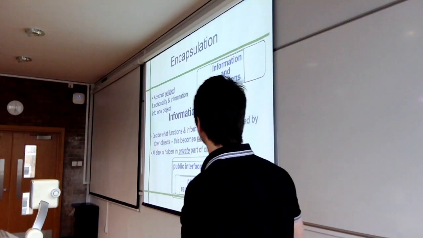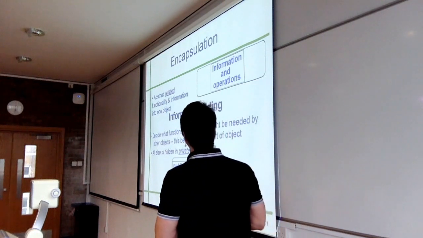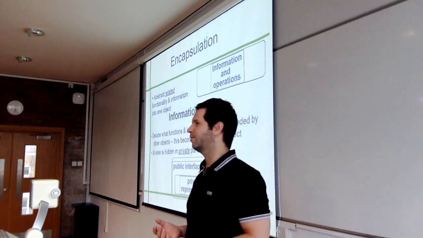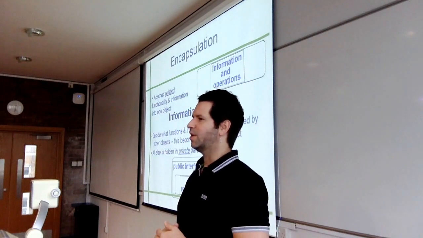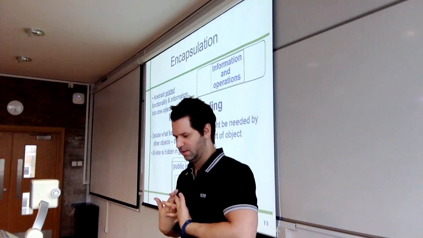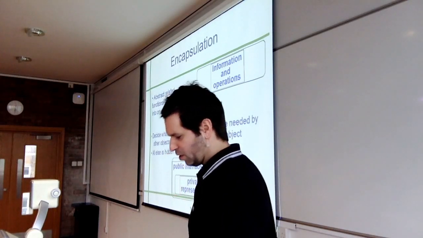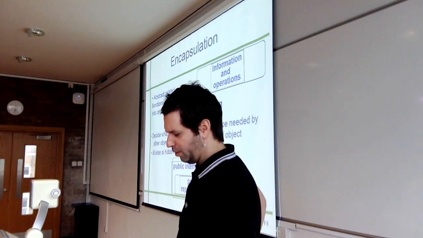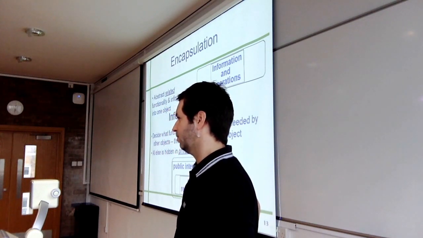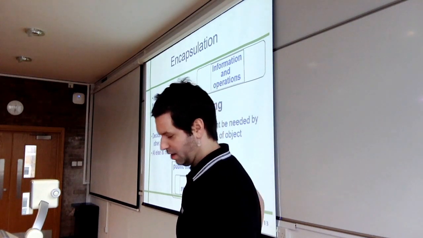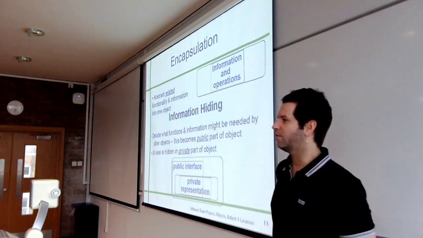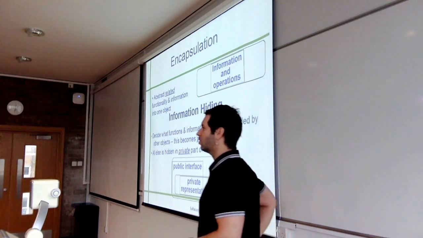So a trivial example might be an object called time. Java has an object called time, and it has to store the current time and the current date. It will define a public part, which is a method called getTime, and then it has a private part that you can't see. You don't know how the Java time object actually works.